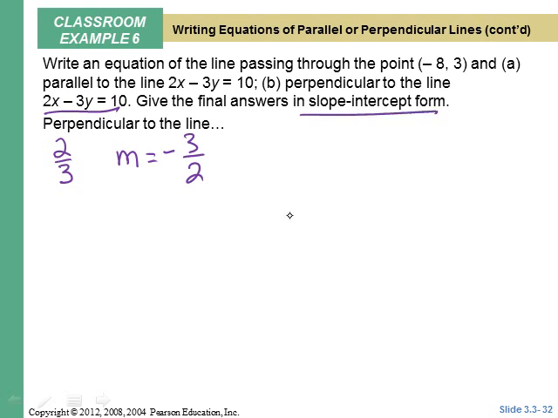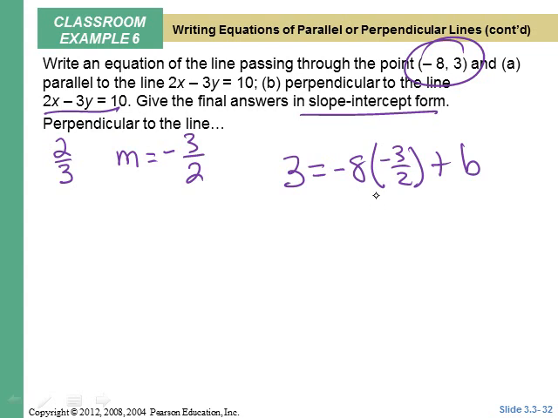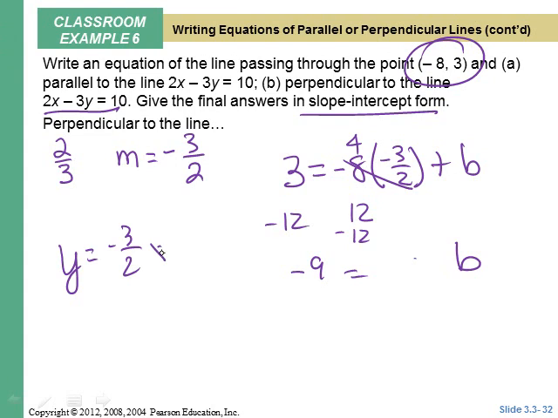And we want it in the slope-intercept form, so we're going to substitute our point in. 3 equals negative 8, it's still the slope, times negative 3/2 plus b. Cancel here, you get 4. Negative 3 times negative 4 is 12. Subtract 12 from both sides. You get negative 9 is b. So y equals negative 3/2 x minus 9.